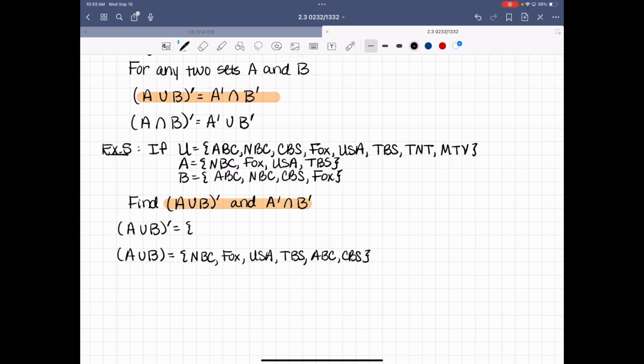Okay, and that's going to be my first answer. I'm going to do this, and then I'm going to go back and erase it off there. You don't have to erase yours. I'm going to put a mark through who is A union B, and then who's left in the universal set is the complement, right?